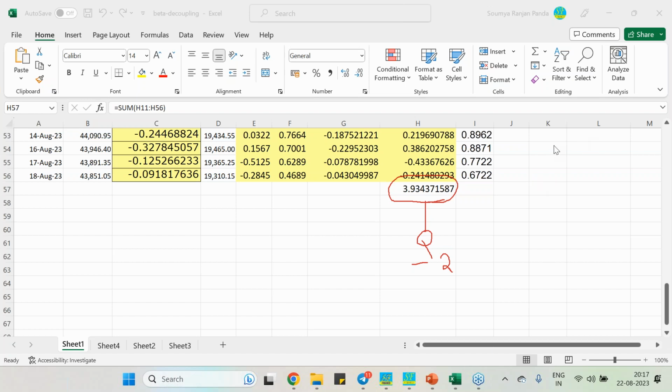So don't ask me to show you the track from 2005 till date. I will not show you that proof. If you want 2005 till date, you can form an Excel sheet and do it on your own.